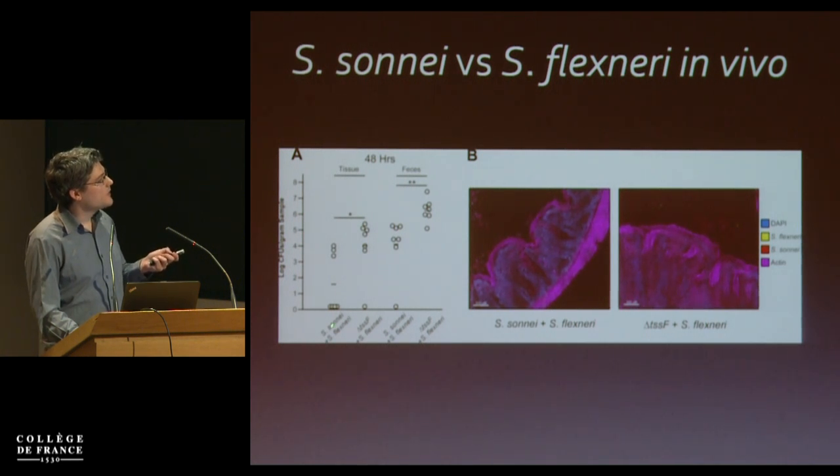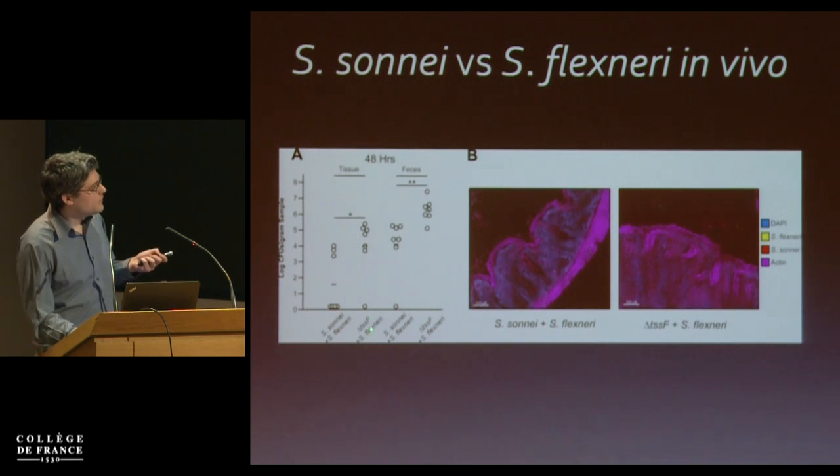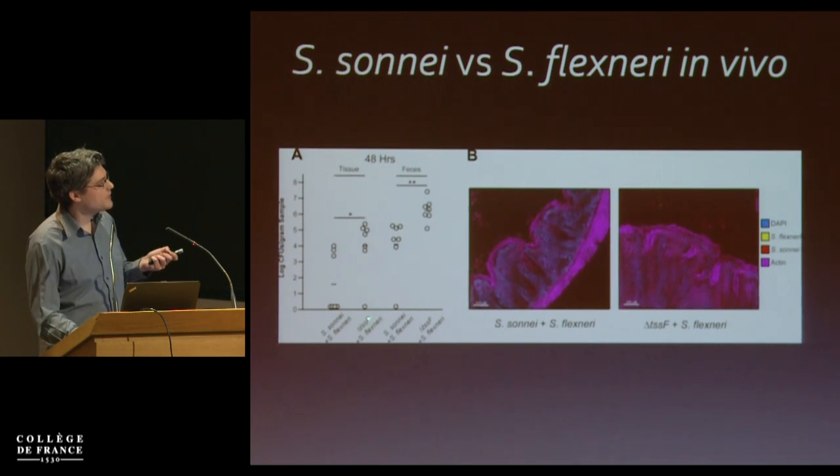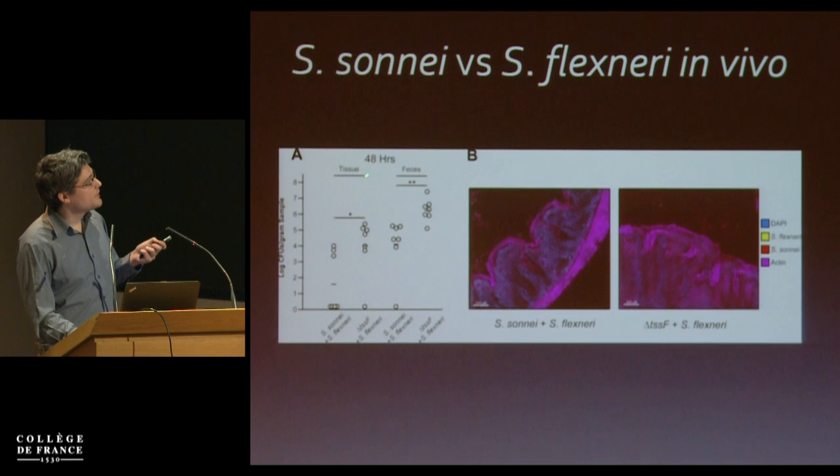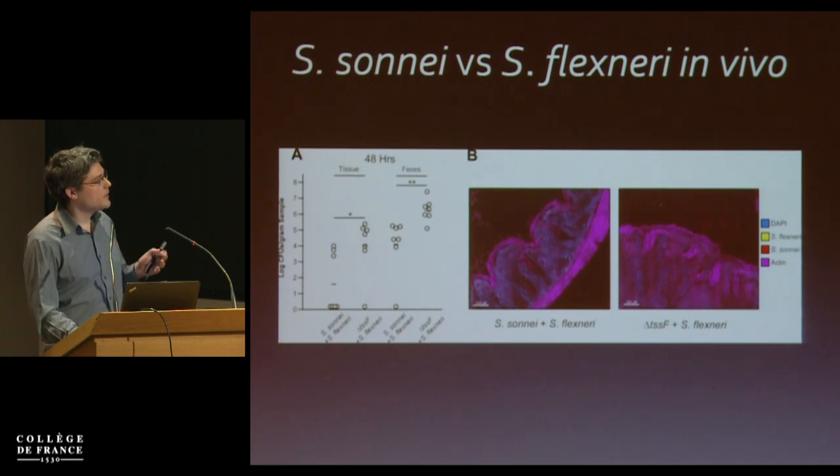If we put the wild type sonnei and flexneri together, we see around 1.5 log CFUs after 48 hours. However, if the Shigella flexneri was competing against the type 6 sonnei mutant, now we see around 3.5 to 4 log CFUs in the tissue. The same occurred in the feces as well.